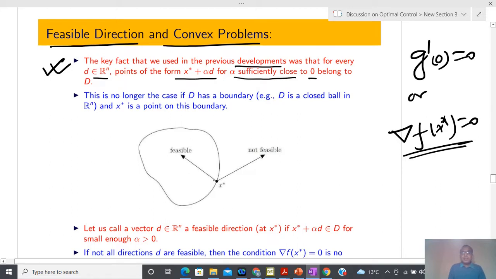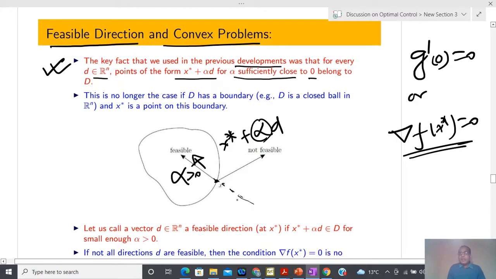Suppose we are at the boundary. Then I have two directions. Suppose you are here and I can move in this direction and this direction. If x star is lying here, and after that alpha and d, then if I select alpha positive, that is okay. Suppose this direction is positive alpha, alpha greater than 0.